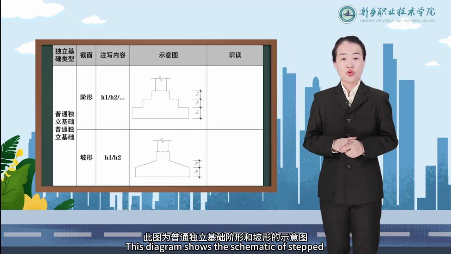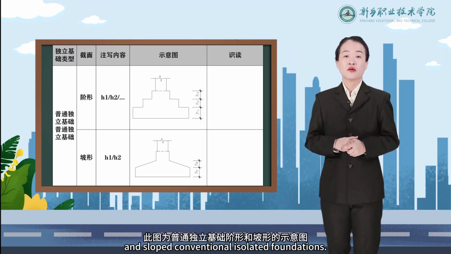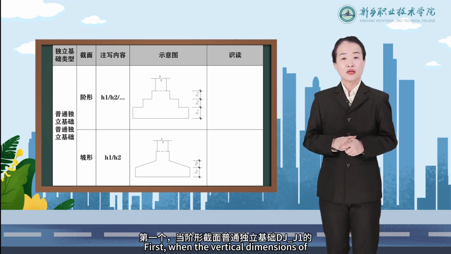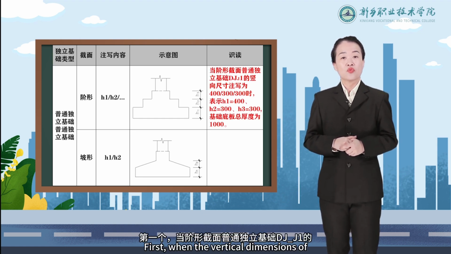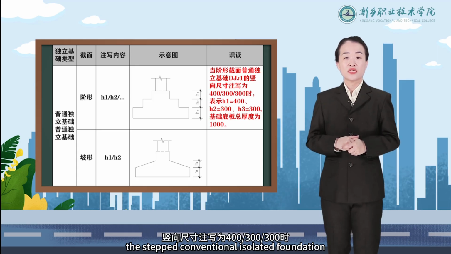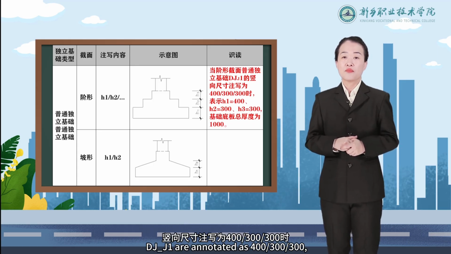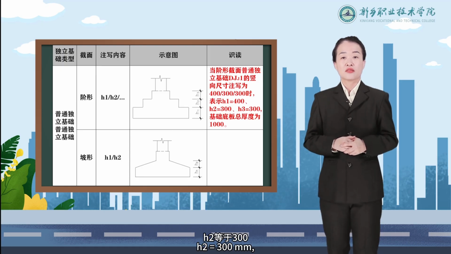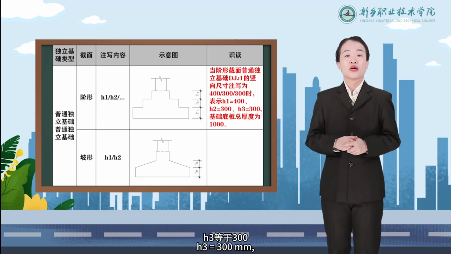This diagram shows the schematic of stepped and sloped conventional isolated foundations. Let's take a look. First, when the vertical dimensions of the stepped conventional isolated foundation, DJ sub J1, are annotated as 400/300/300, it means h1 equals 400 mm, h2 equals 300 mm, h3 equals 300 mm.